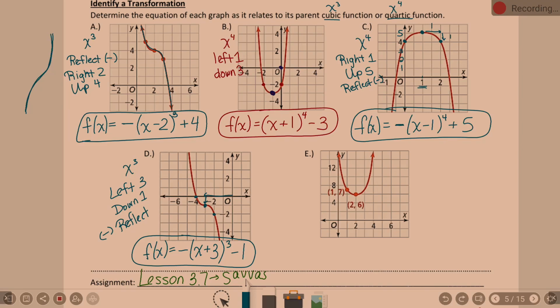Last one. What about E? It kind of looks like a parabola to me. But we know it's not a parabola because what did the directions say? These are cubic and quartic. Okay, so we know this is a quartic.